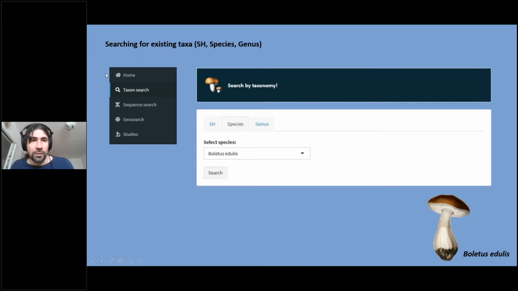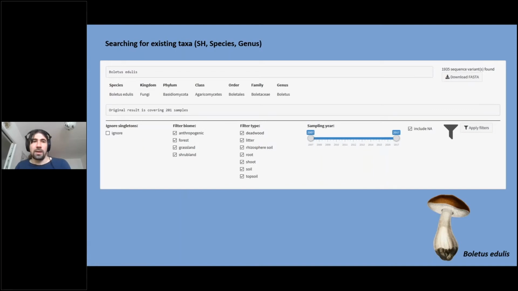And in our database, you can choose the taxon search and search for, for example, the species Boletus. And what you will get? You will get some info about taxonomy and in how many samples this species is covered.